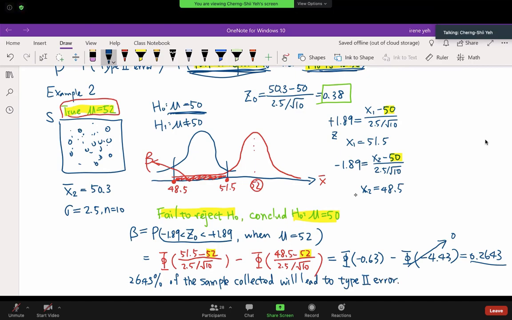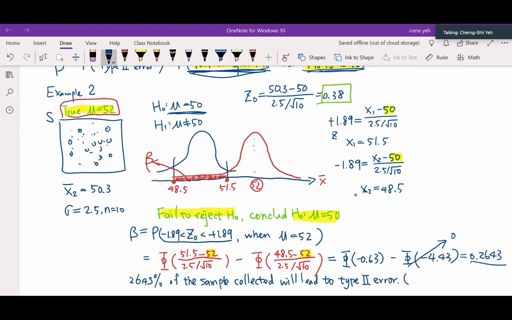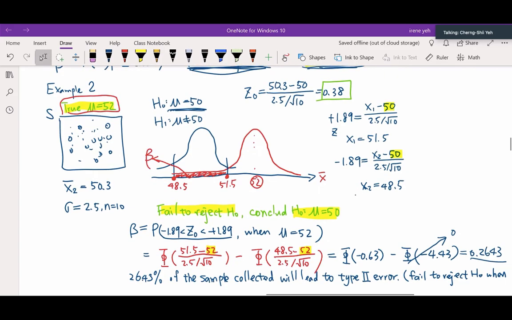In other words, a little over a quarter of the sample collected randomly will lead to the conclusion of fail to reject H0 when H0 is false.